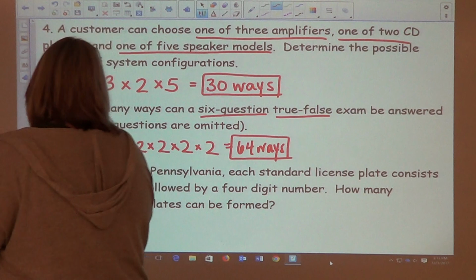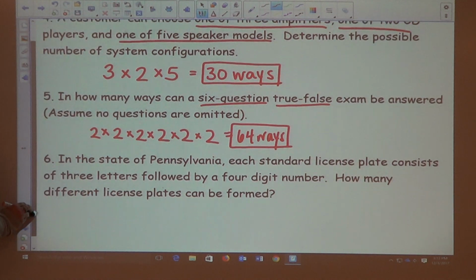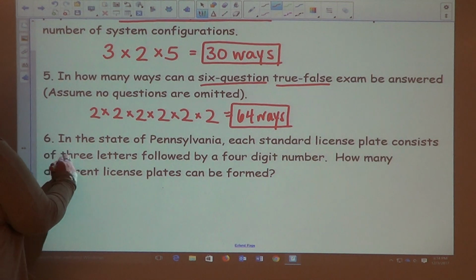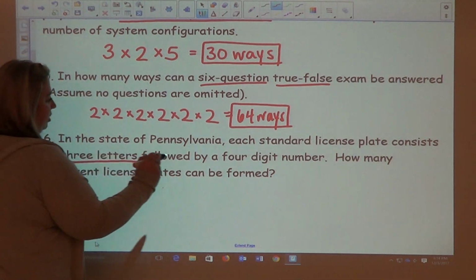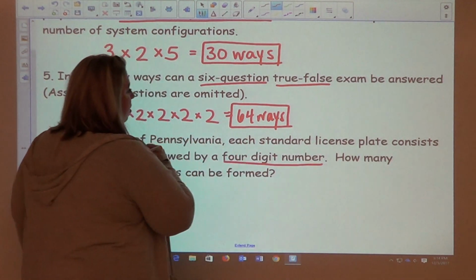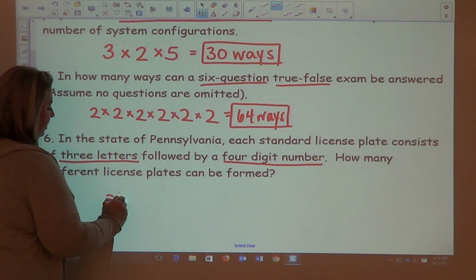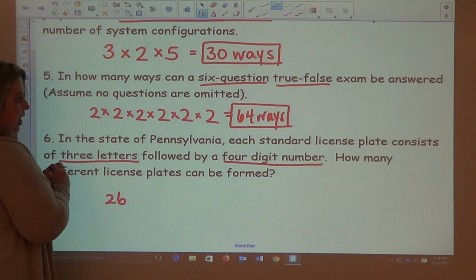Okay, in the state of Pennsylvania, each license plate consists of 3 letters followed by a 4-digit number. How many different license plates can be formed? Okay, so the first thing has 3 letters, then we have a 4-digit number. Well, how many letters in the alphabet? There's 26, and it doesn't say that once you've used it, you can't use it again.